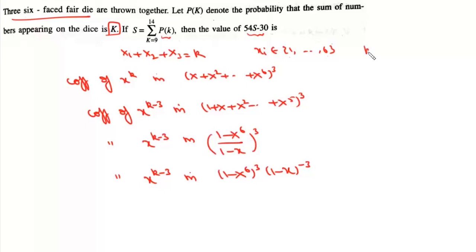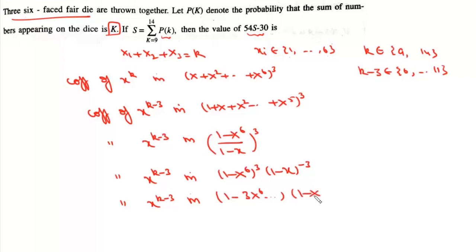Now the value of k lies from 9 to 14. Now k minus 3 is 6 up to 11. So this power goes from 6 to 11. So we need to find the coefficient of x to the power k minus 3 in 1 minus 3x to the power 6, and we'll discard higher powers, into 1 minus x to the power minus 3.